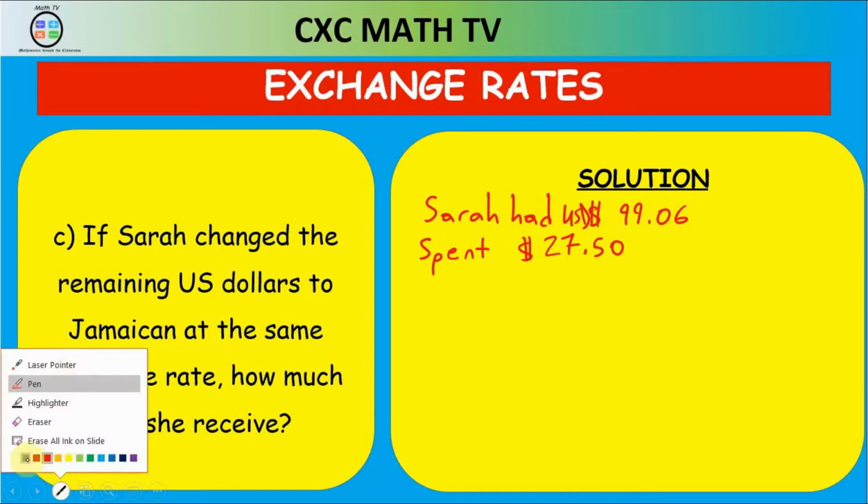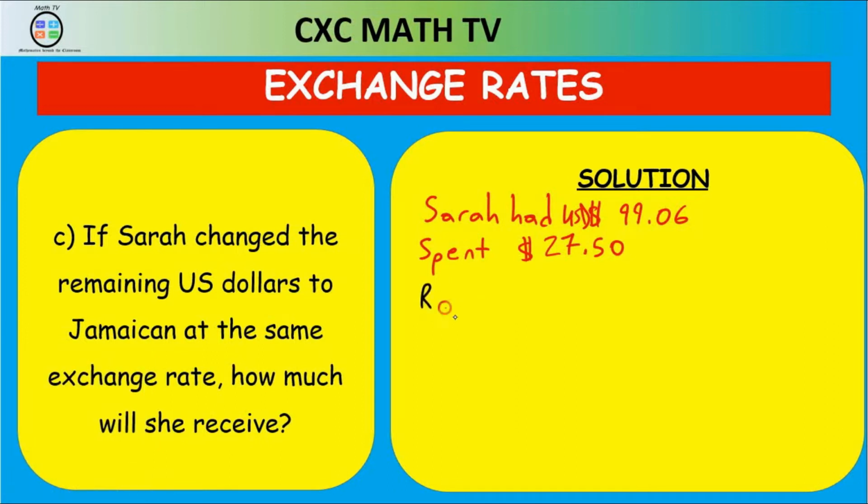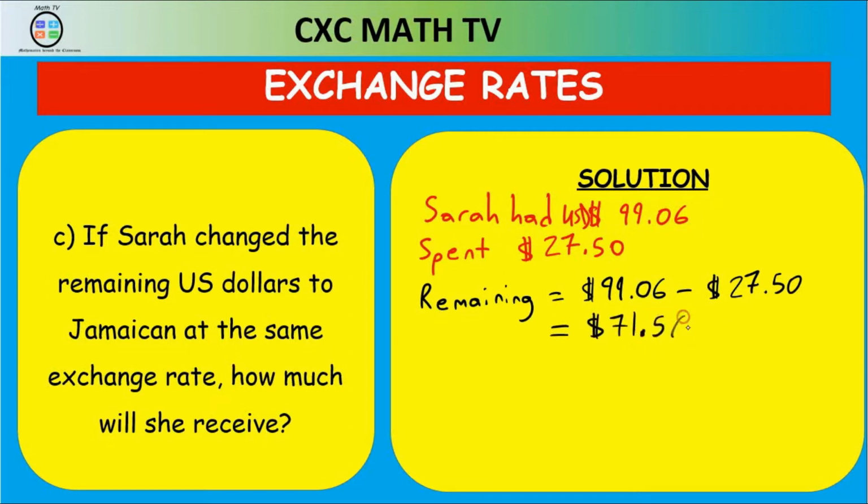So now we need to work out how much Sarah has remaining. So remaining we're going to say is how much Sarah had, $99.06, and then we subtract $27.50. So when we do the subtraction, that is going to give us $71.56. So that's what Sarah has remaining, and this is of course in USD.